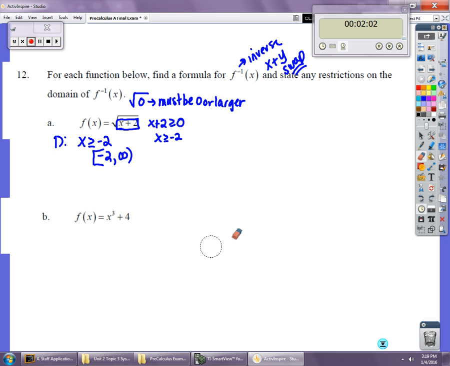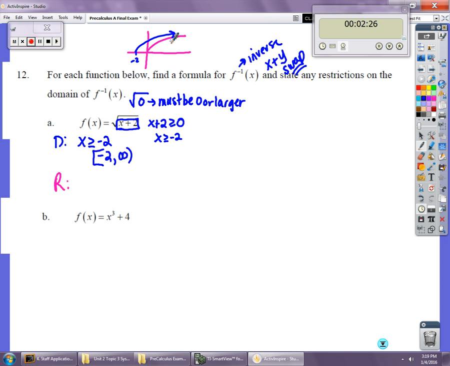Okay, so what about the range? What outputs are we going to get? Well, I know what a square root function looks like, and I'll sketch it up here. It kind of goes off like this, so it has a lot of restrictions to domain and range. And because this one says plus 2 on the inside, that's affecting x, so it's going to shift to the left.